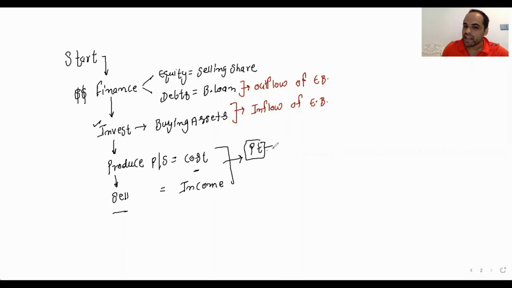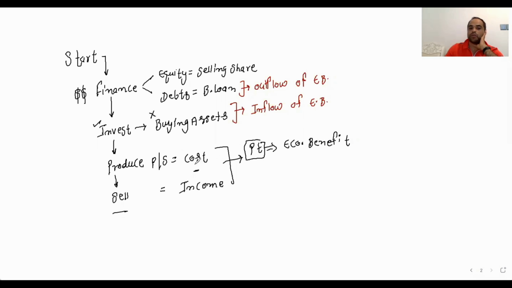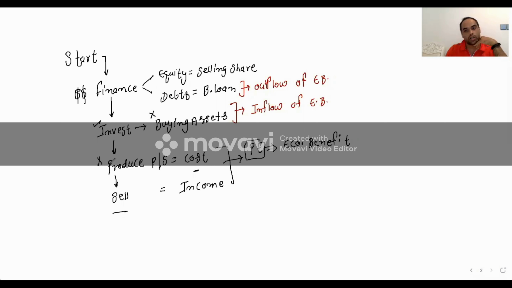And what is another name of profit? Profit means economic benefit. So if you do not have assets, can you produce product? No, because you need resources, and resources are assets. If you can't produce, can you sell?